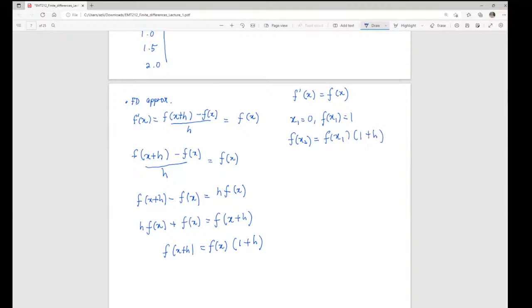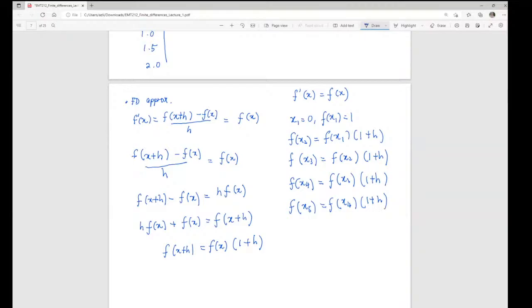And subsequently, we can also find f(x3) equal to f(x2) times 1 plus h. f(x4) is equal to f(x3) times 1 plus h, and f(x5) is equal to f(x4) times 1 plus h.